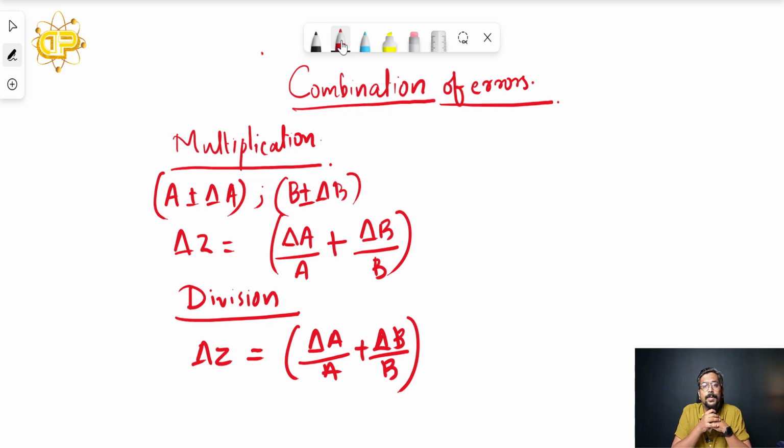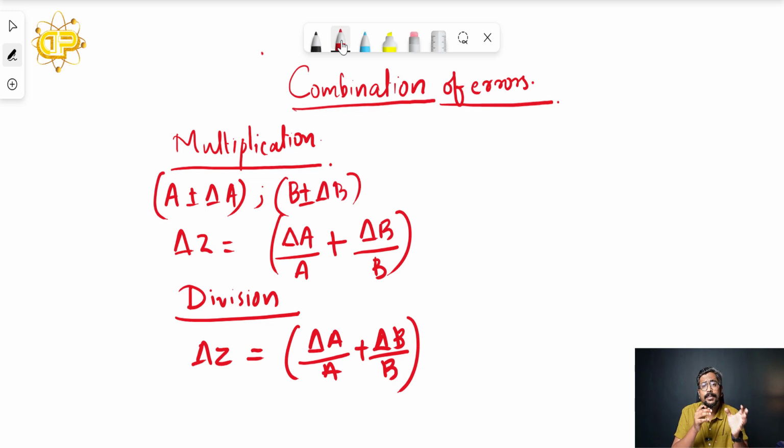So this is about the combined errors for addition, subtraction, multiplication as well as division. In the case of addition and subtraction, you just take the sum of the absolute errors, whereas in the case of multiplication and division, you take the sum of the relative errors of the individual readings.